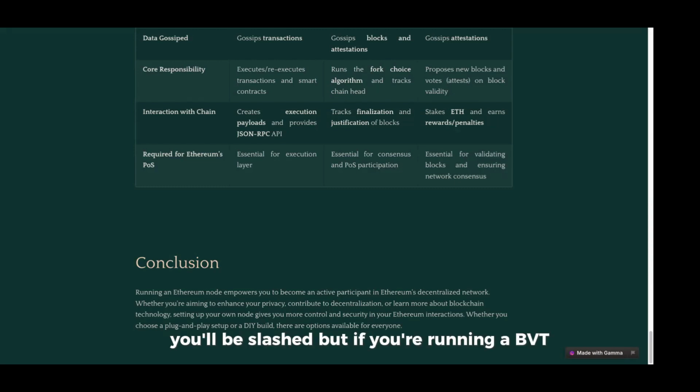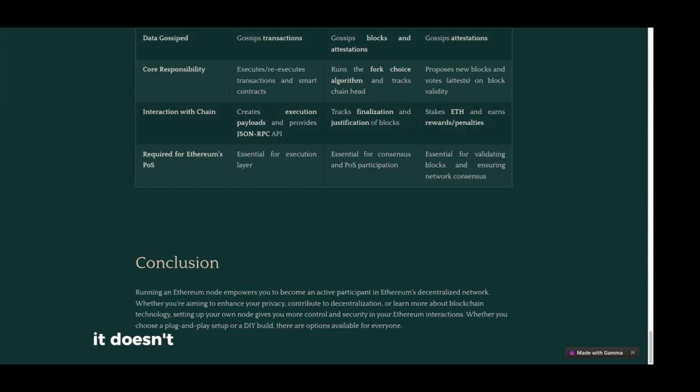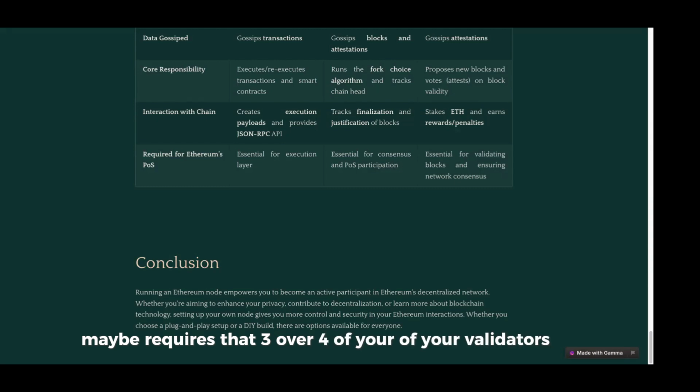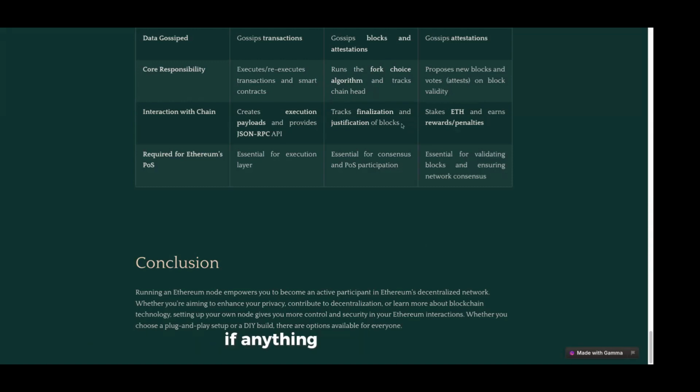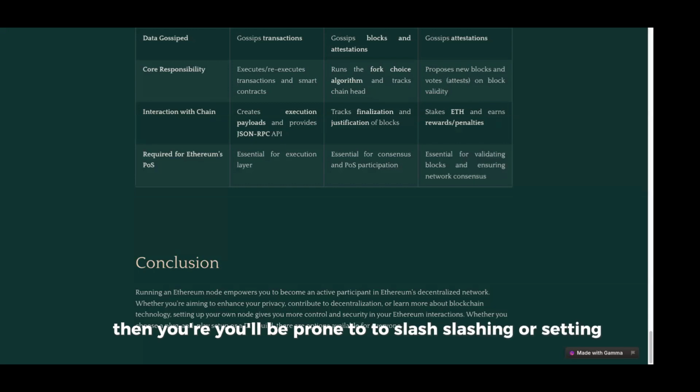But if you're running a DVT, even though one of the setups goes down, it doesn't cause any issue unless a particular threshold is down. Let's say your setup requires that 3/4 of your validators are active. If anything below that happens, then you'll be prone to slashing or penalties.